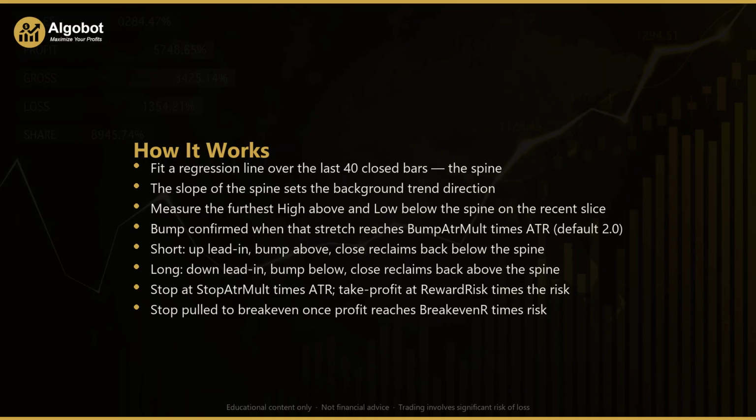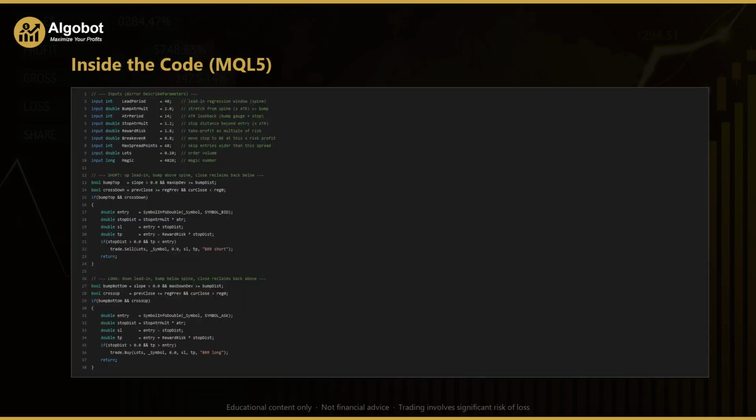Once price moves break-even R times the risk in your favor, that's 0.8 times risk by default, the strategy pulls the stop to the entry price, aiming to protect the position. Only one position per magic number is held at a time, and the bracket manages every exit. The strategy also skips new entries when the spread is wider than max spread points, 60 points by default, to avoid poor fills. Let's read the actual MetaTrader code the expert advisor runs.